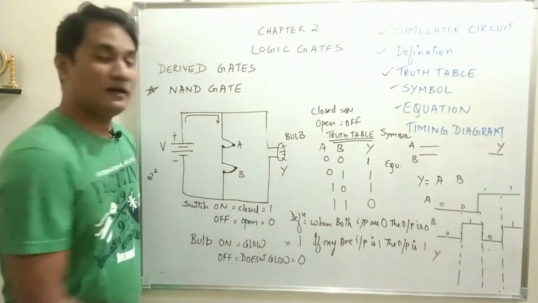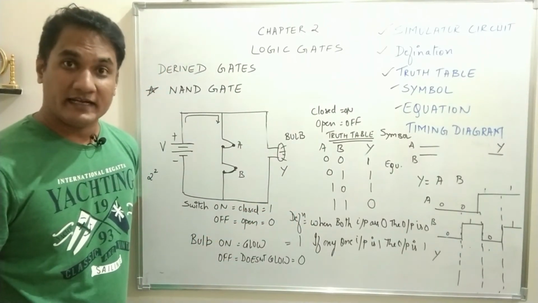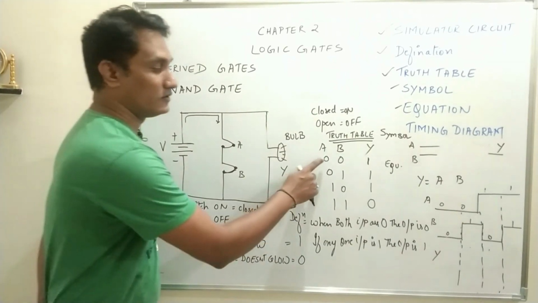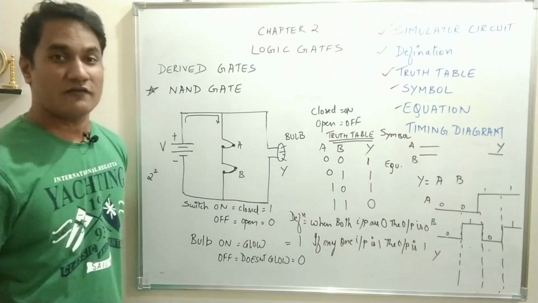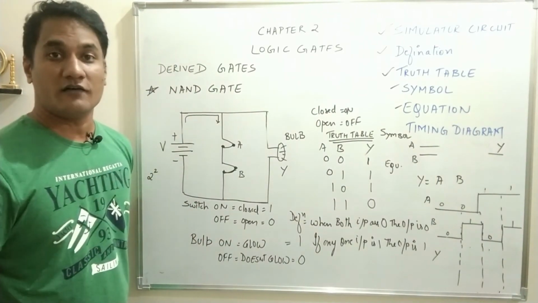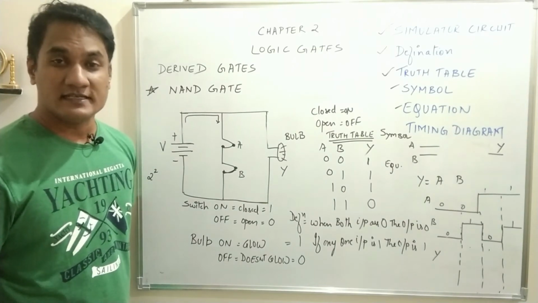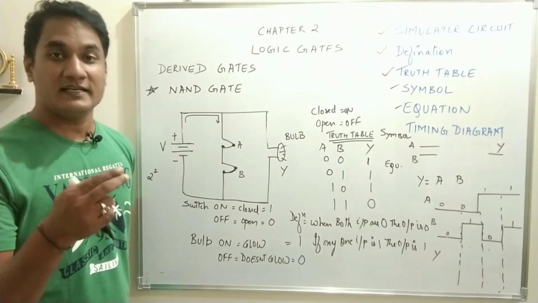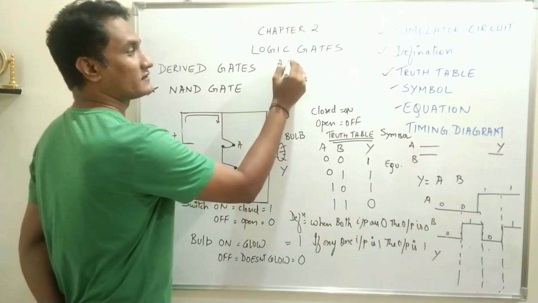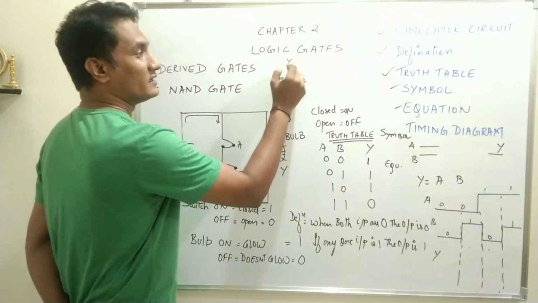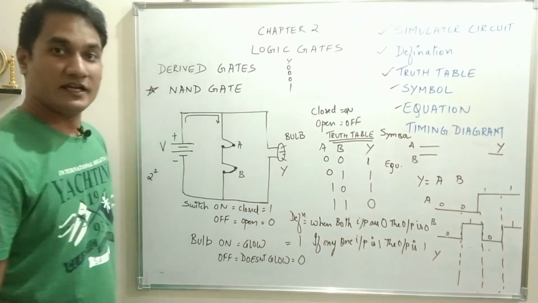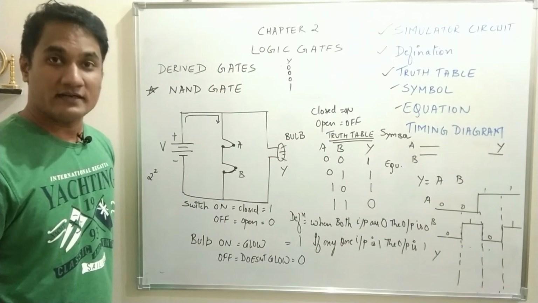If you compare the truth table of the NAND gate with the truth table of the AND gate, what you can see is it is exactly opposite. For the AND gate, the Y output was 0 0 0 1, and what you can see here is 1 1 1 0.